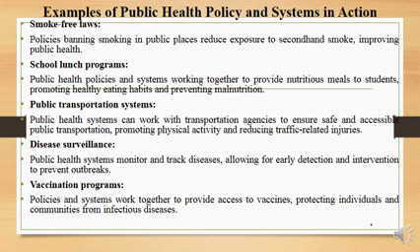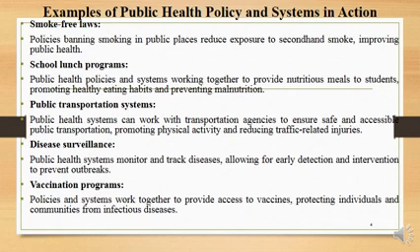Smoke-free laws are policies banning smoking in public places, reducing exposure to second-hand smoke and improving public health. Another example is the school lunch program, where policies and systems work together to provide nutritious meals to students, promoting healthy eating habits and preventing malnutrition.